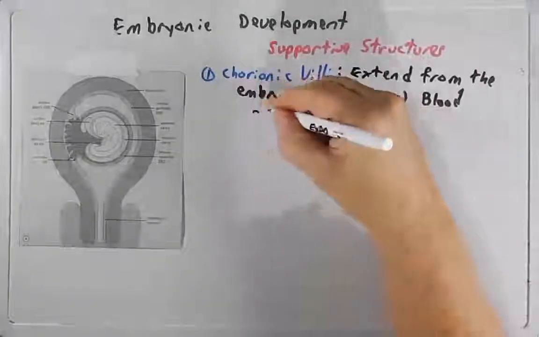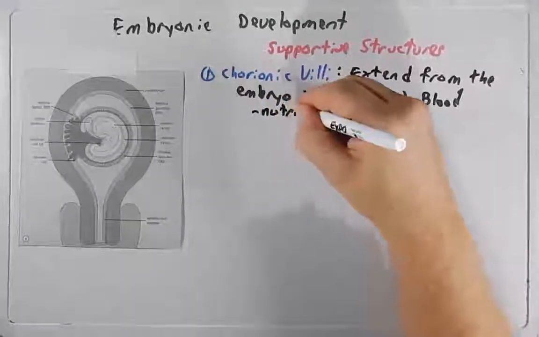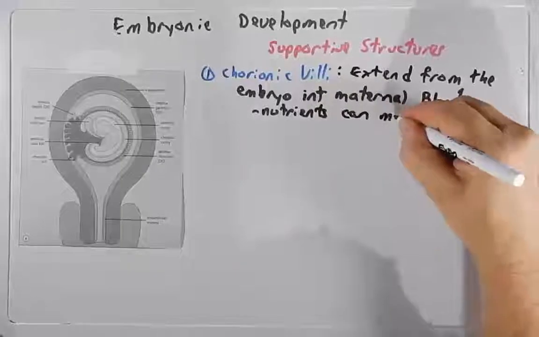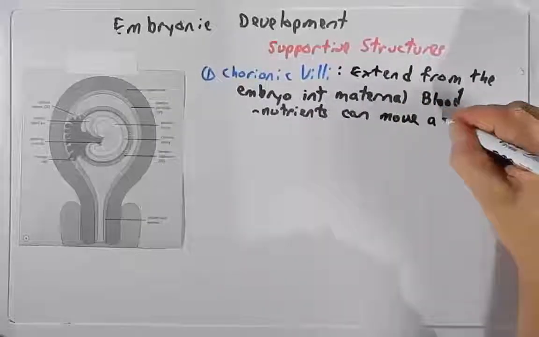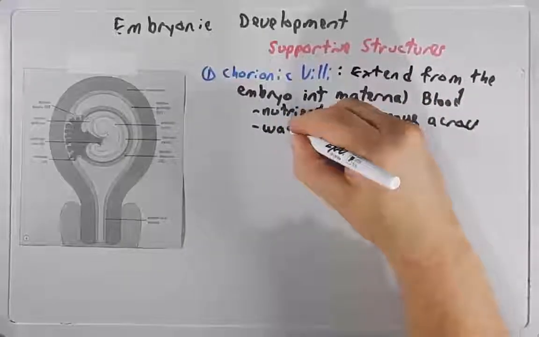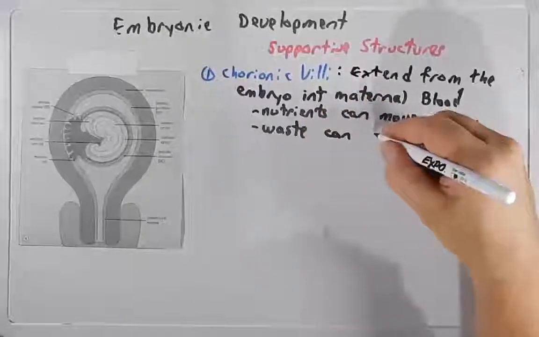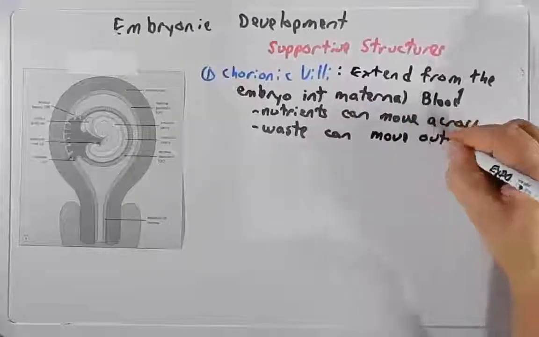So nutrients can move across. Waste from the embryo can move out of the embryo.